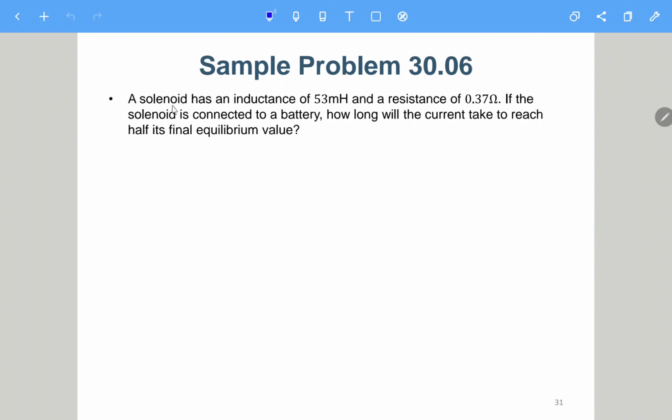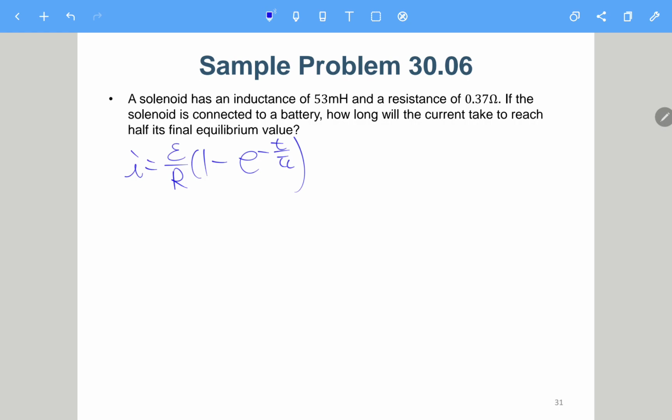So here is another sample problem. It says a solenoid has an inductance of 53 millihenry and a resistance of 0.37 ohm. If the solenoid is connected to a battery, how long will the current take to reach half of its final equilibrium value? So I will be E over R times 1 minus exponential to negative t over tau L, something like this.